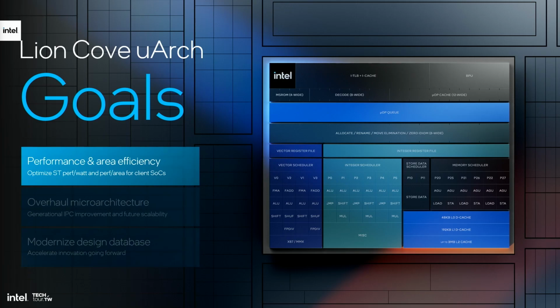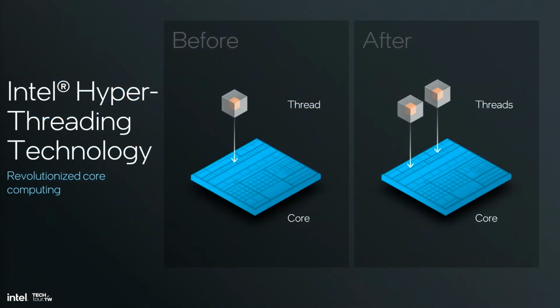Let's give some examples of the steps Cove took to significantly improve the PnP characteristics of the P-Core. We start by examining hyperthreading. So as you all know, Intel introduced hyperthreading more than 20 years ago when the mainline SoCs contained only a single physical core, and the ability to run a second concurrent thread or logical core without doubling the hardware was pretty revolutionary.